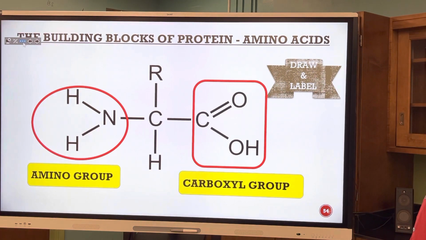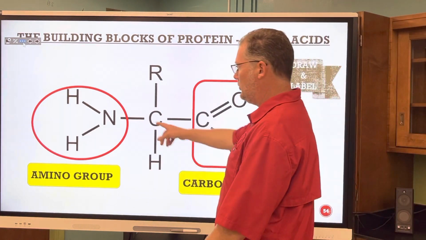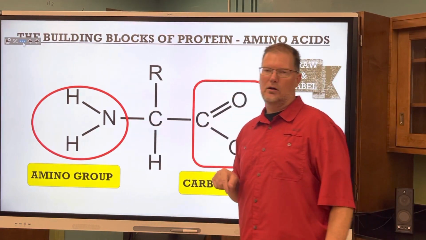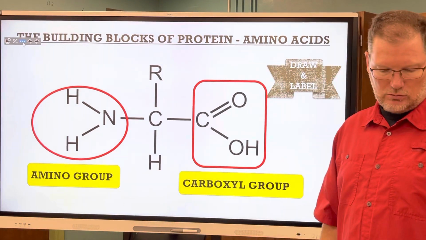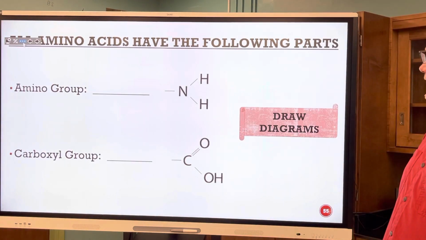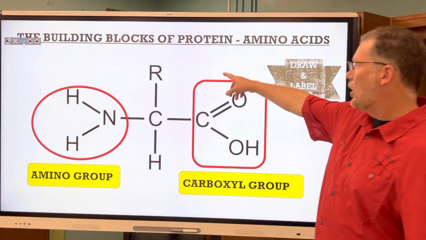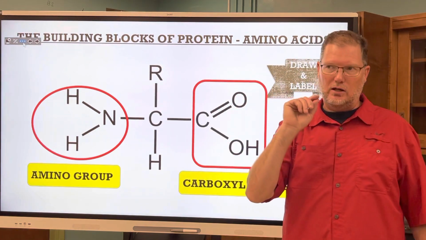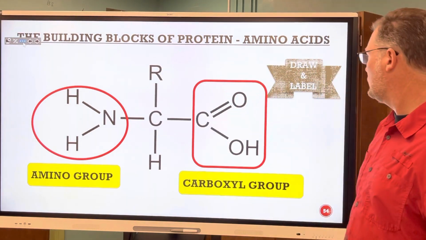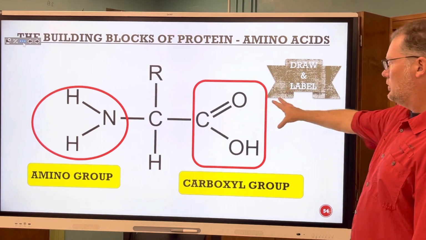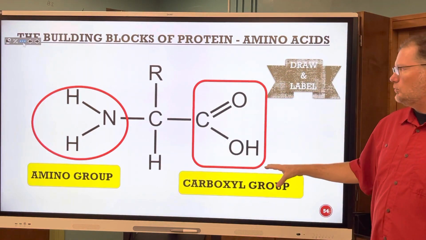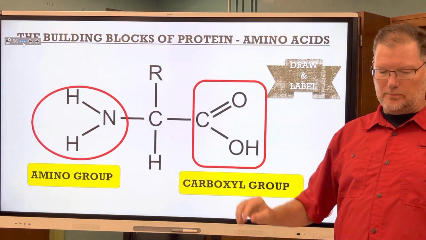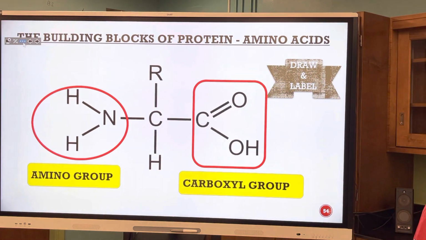And that is your amino group, because amino comes from the nitrogen. That's where the amino word comes from. And then there's this R, which we'll talk about in, I believe, the next set of notes next time, okay? So just put the names next to those two parts of the amino acid.